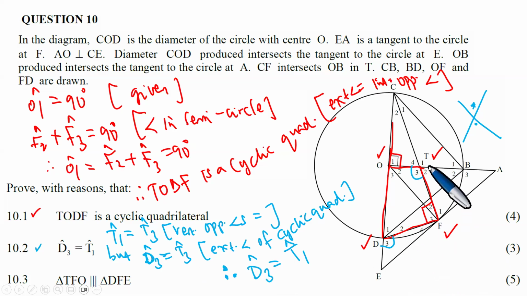DFE. Yeah, these triangles. Five marks. Let's spend some time on that one. I want us to discuss just similarity and proportionality briefly so that you can revise those. Okay, let us look at 10.3.